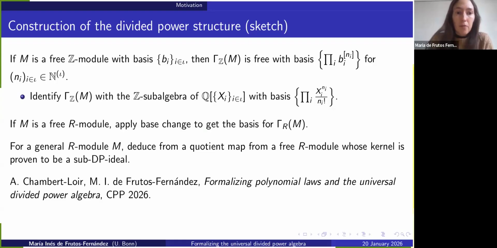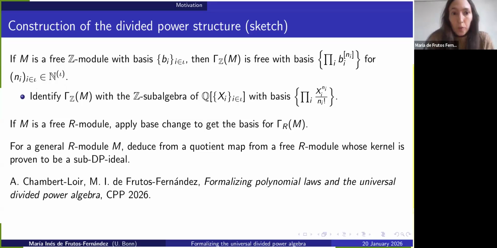So if M is a free Z-module with a basis which might be infinite, we are not assuming that this basis is finite, then the first thing that we have to do is prove that this divided power algebra gamma_Z M is free with basis given by products of generators of this form, where b_i is an element of the basis and n_i is a natural number, for i in the index set.